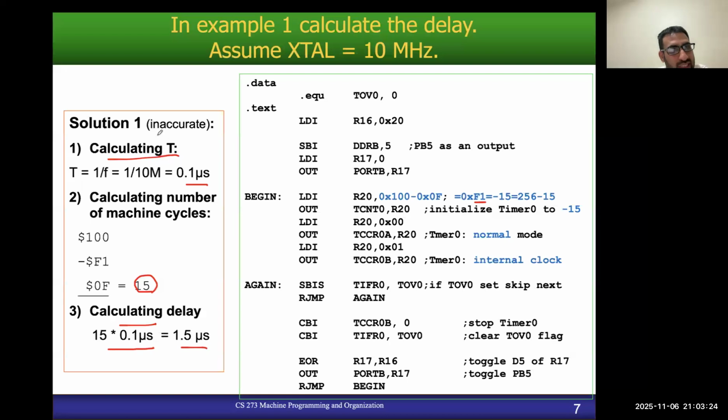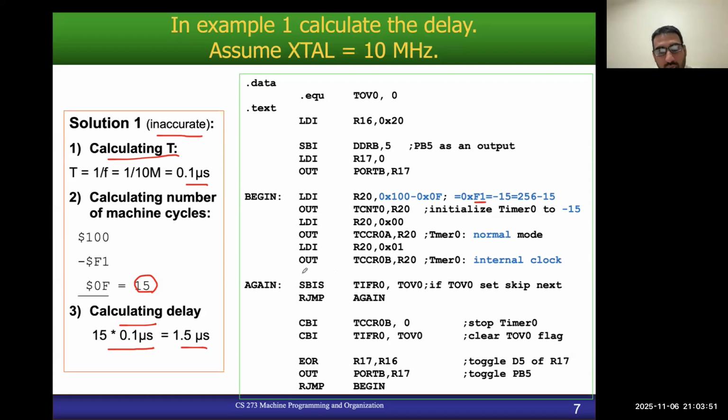However, this is a little bit inaccurate in the sense that here we are only calculating how many machine cycles will pass before your timer actually overflows. But in our program, we are also doing something else where we are starting the timer.